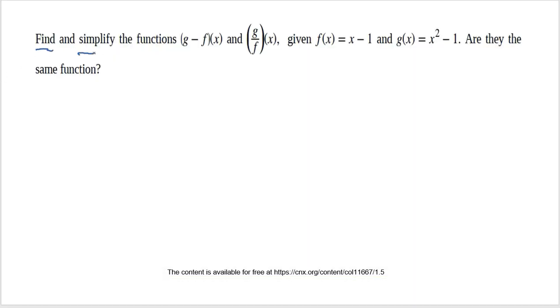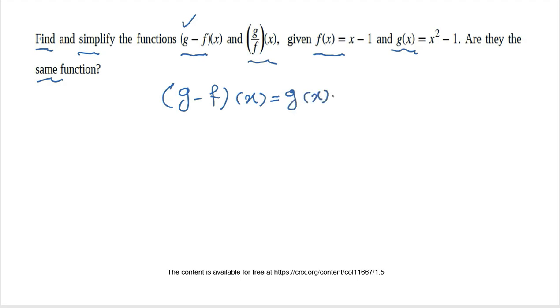Find and simplify functions g minus f of x, g over f of x, and f g of x, given f of x and g of x. Are they the same functions? So let's find this one first. g minus f of x is equal to g of x minus f of x.